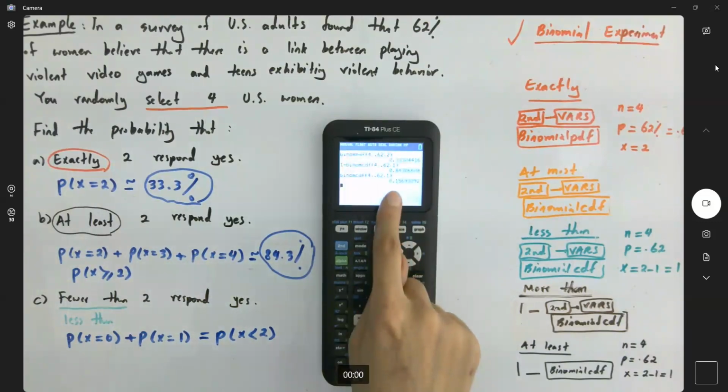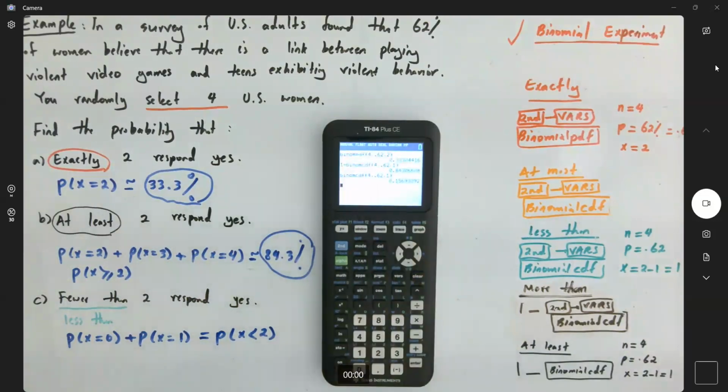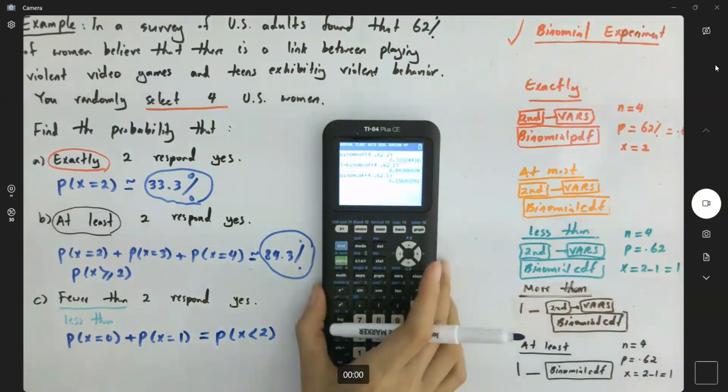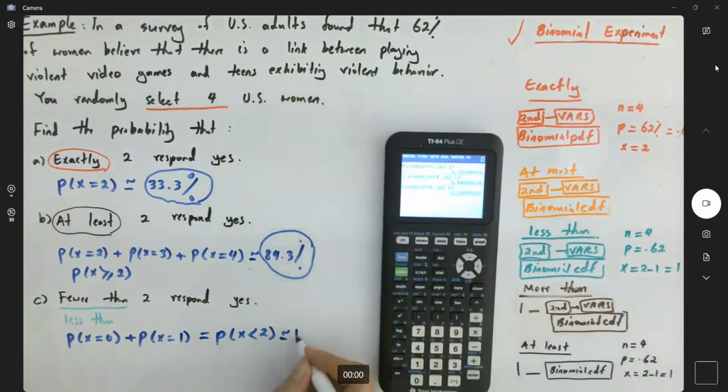This is going to be approximately 15.7%. So that's how we calculate the binomial probabilities using the keyword given to us.